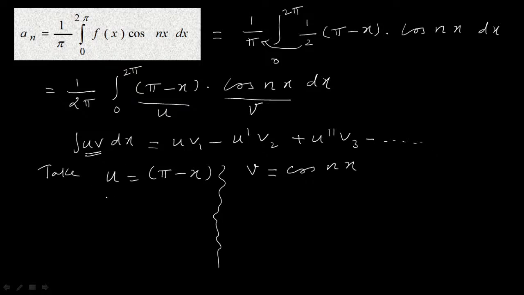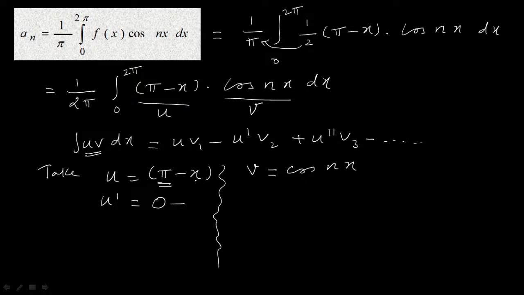U dash means you have to differentiate this. As I told you already, pi is a constant. If you differentiate a constant, what you get? 0. Whatever that may be, pi, c or a, any constant, if you differentiate a constant, you get 0.